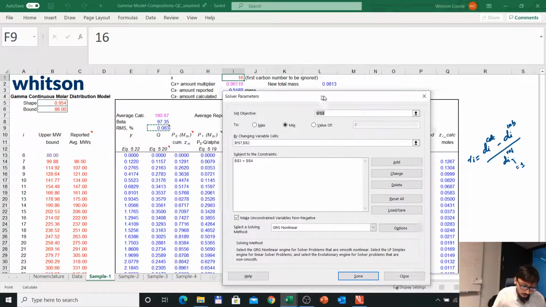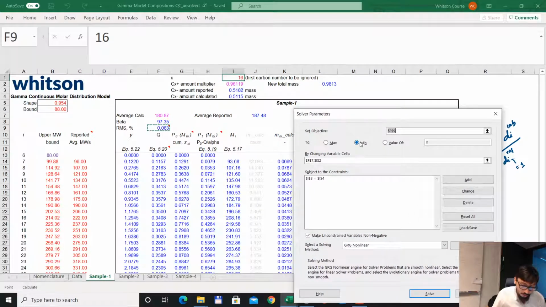Here the solver is already set up, so we'll try to minimize this RMS. We have two variables to change: the average molecular weight, that's your C7 plus molecular weight, which we discussed, right? This molecular weight will be regressing on the C7 plus molecular weight.